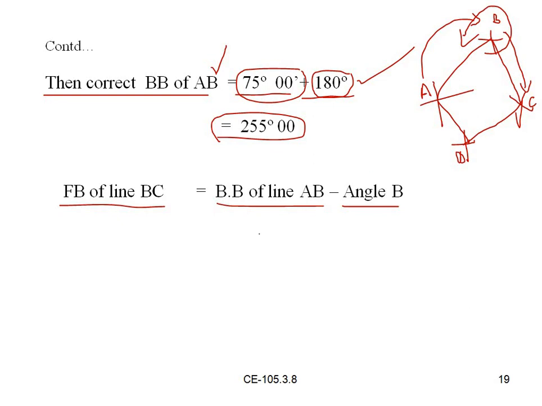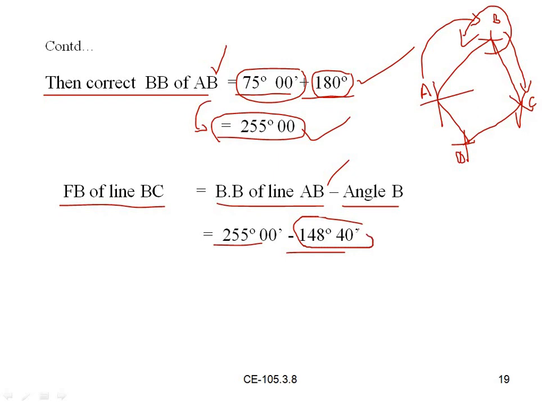That's why we are taking the back bearing of line AB as 255 degrees, which is the correct back bearing of AB. We take this correct back bearing minus angle B, which we got as 148 degrees 40 minutes. That is the angle we have got at B. So the forebearing of line BC we got now is 106 degrees 20 minutes.